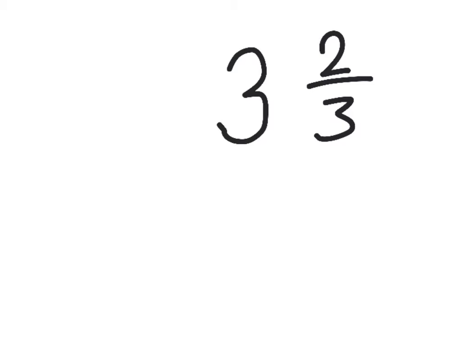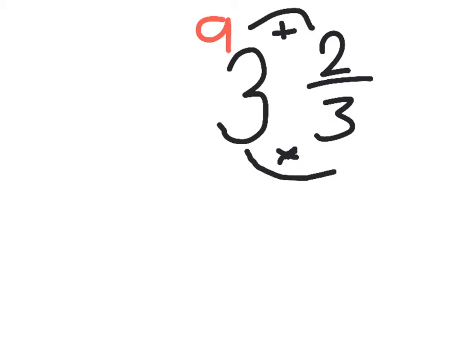All I need to do is multiply my denominator with my whole number together, and then that answer I'm going to add to my numerator. So for example, if I have 3 2/3, my 3 times 3 gets me to 9, and I'm going to add 9 plus 2, and that's going to equal 11/3.